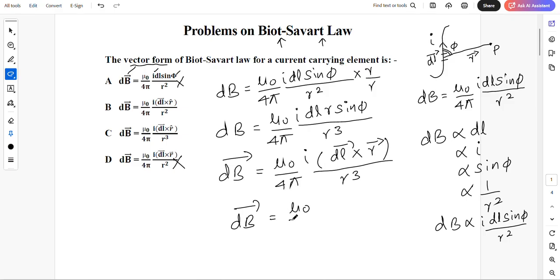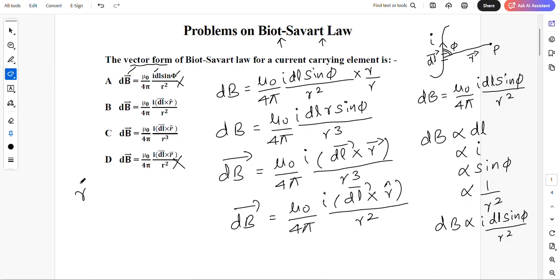I can write this as mu naught by 4 pi I vector dl cross r cap divided by r square.